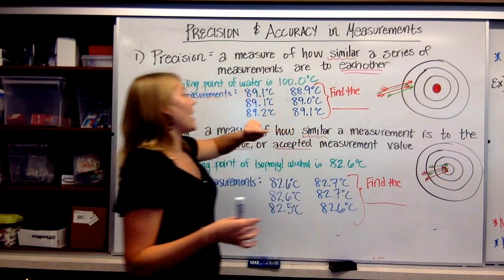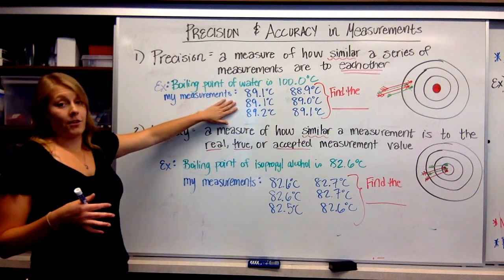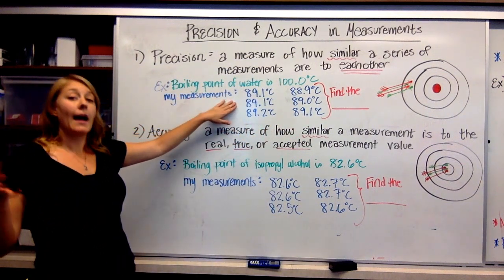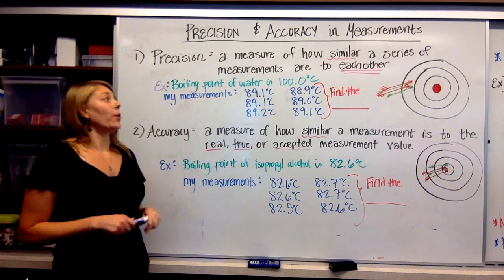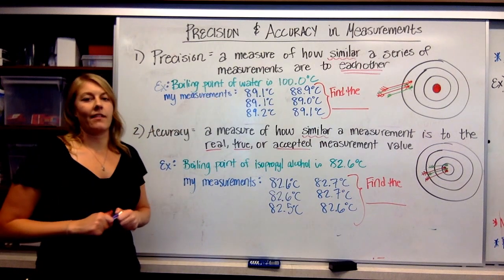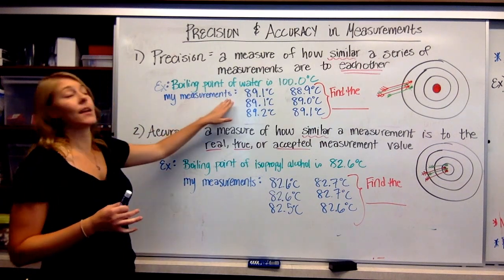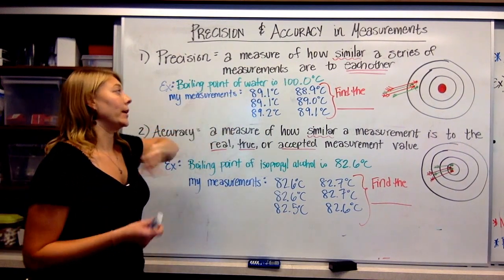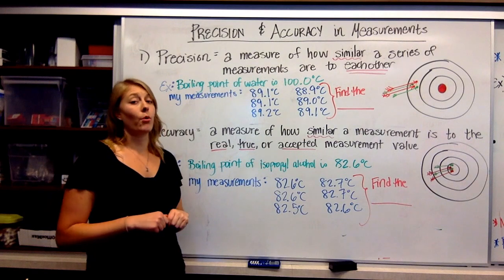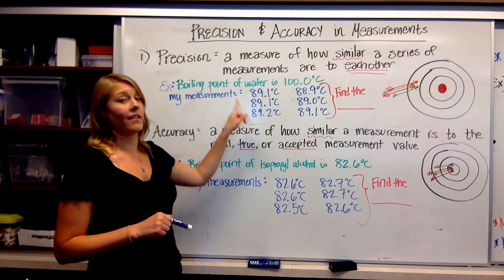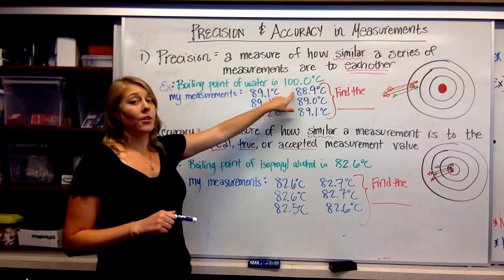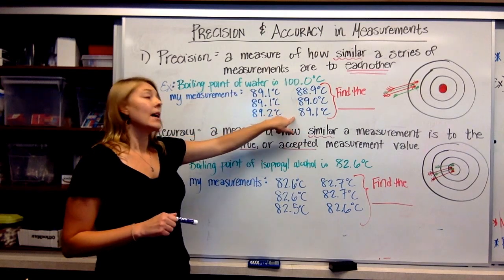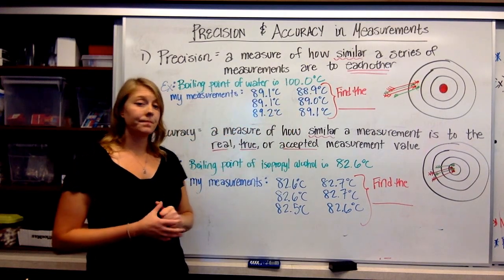If I'm looking at chemistry, right, so at measurements in a lab, I know that the boiling point of water is 100 degrees Celsius. If I go to the lab and I take my own experimental measurements, and I come up with the following: 89.1, 89.1, 89.2 degrees Celsius, 88.9 degrees Celsius, 89.0, and 89.1.